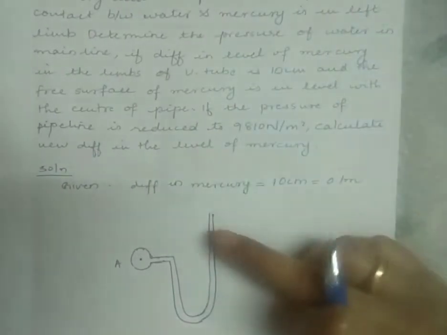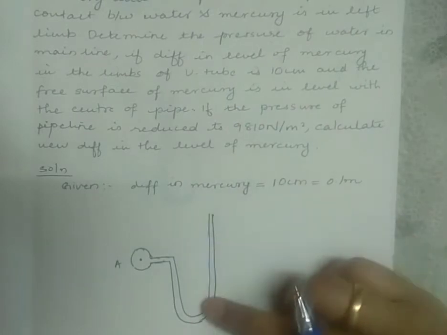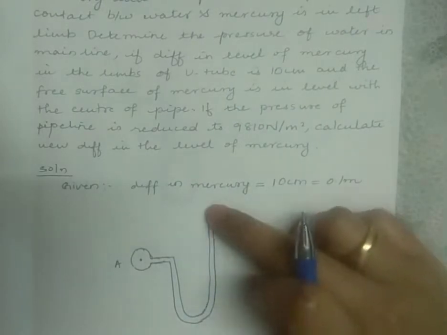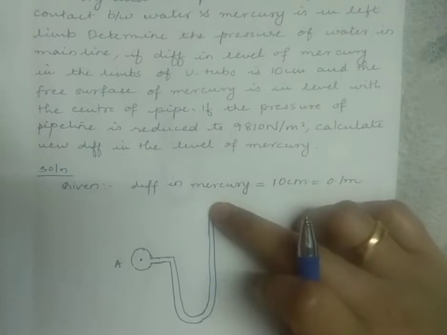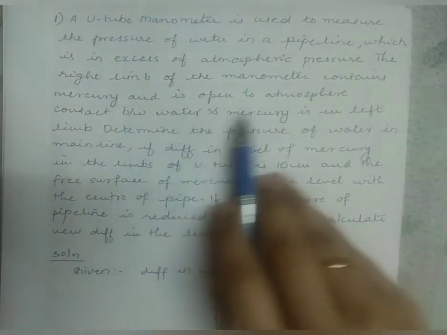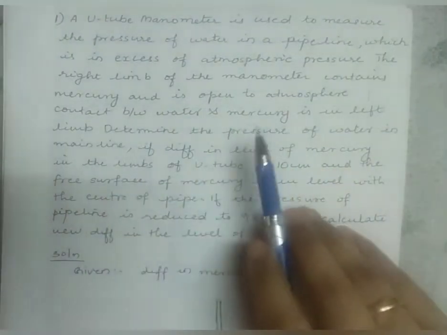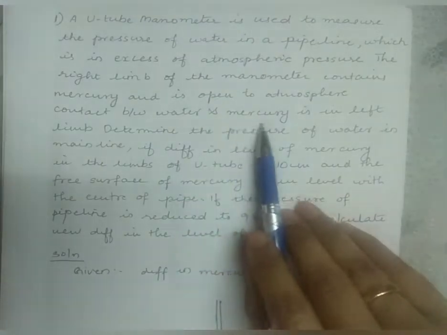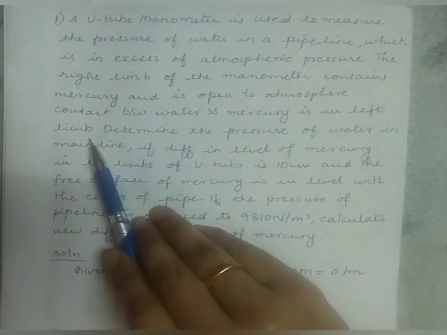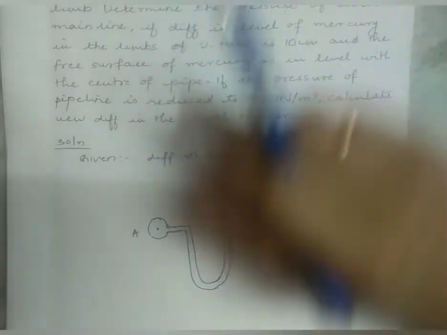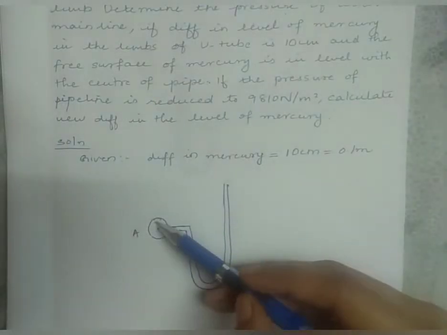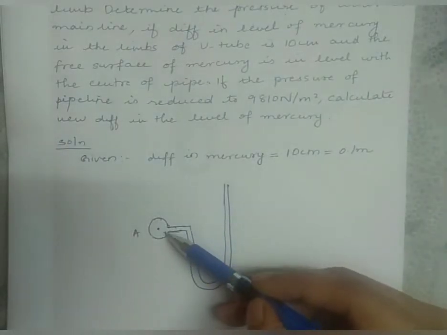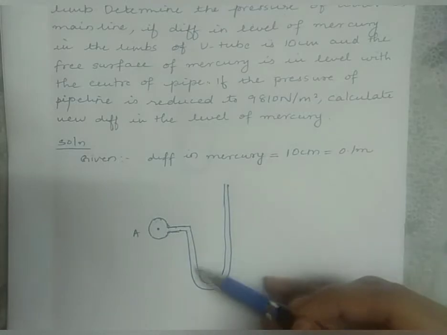So this is the right limb, it contains mercury and it is open to the atmosphere. The second is that the contact between water and mercury is in the left limb. So in the left limb there is water inside this pipeline, and it is connected to the manometric liquid, that is mercury, over here.